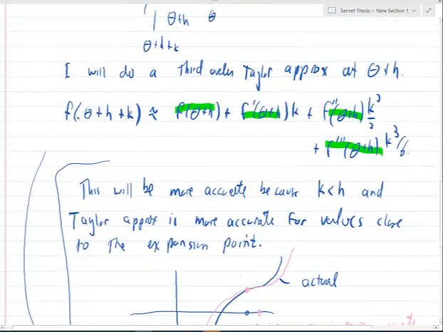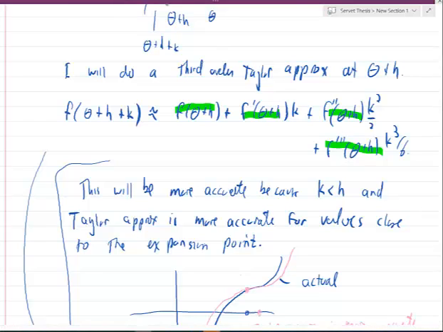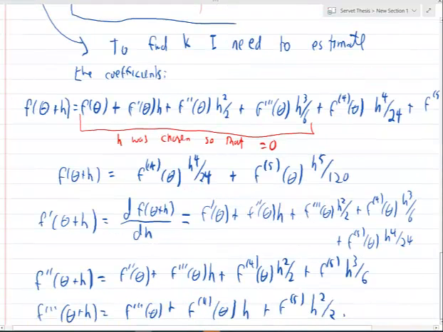So you see f of theta plus h, f prime of theta plus h, f double prime of theta plus h, f triple prime of theta plus h. Those are exactly the coefficients I need. Right, f of theta plus h, f prime, f double prime, and f triple prime. And I can evaluate all of these because I know h.